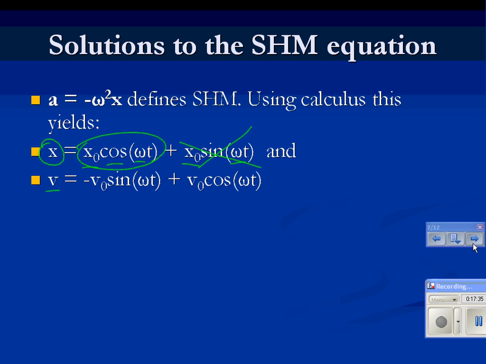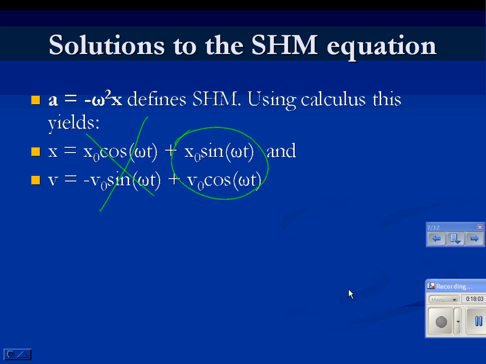And this goes away because remember my VT graph was a negative sine, right? Guys remember that? The graphs we were just looking at? If, however, I start my stopwatch so that it's at equilibrium when I started timing, these go away, and these become my equations. It depends on where you start, which equations you use.